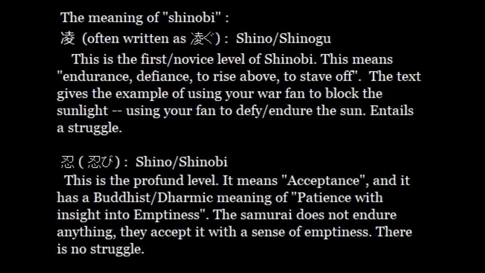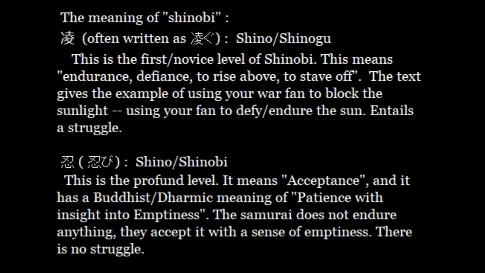This version or this level entails a sense of struggle. Now the second level, the profound level, shinobi, as you know, blade over the heart, shinobi, this is the profound level, and it means acceptance. But it means acceptance with the dharmic meaning. So this kanji in Sanskrit is called kshanti, K-S-A-N-T-I, kshanti.